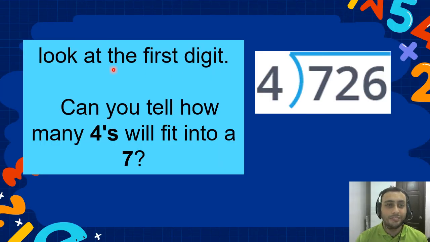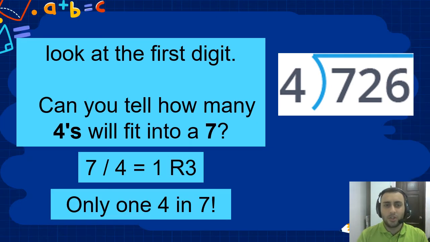Let's go. Look at the first digit, which is 7. Can you tell me how many 4's will fit into a 7? You have 7, right? How many 4's? 1, only 1, right? So we can only fit 1 4 in 7.